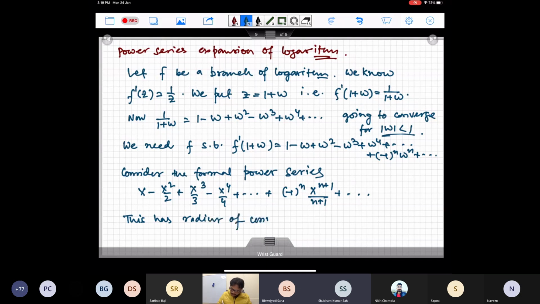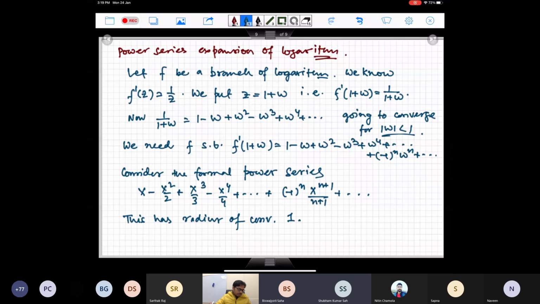Tell me, what is the radius of convergence for this power series? 1. So you can just take the nth root upon taking absolute value. You are going to get that the radius of convergence is 1, or you can take the ratio test, whatever you want to do. You will get that this has radius of convergence 1.